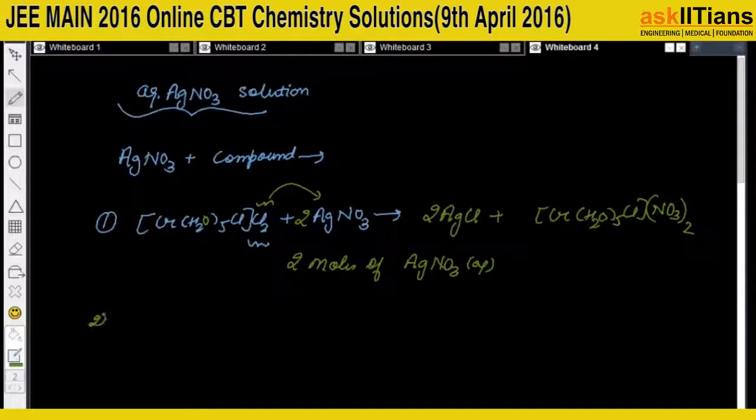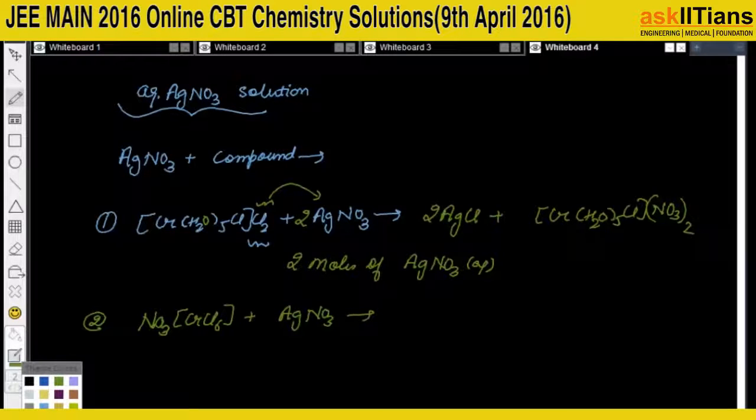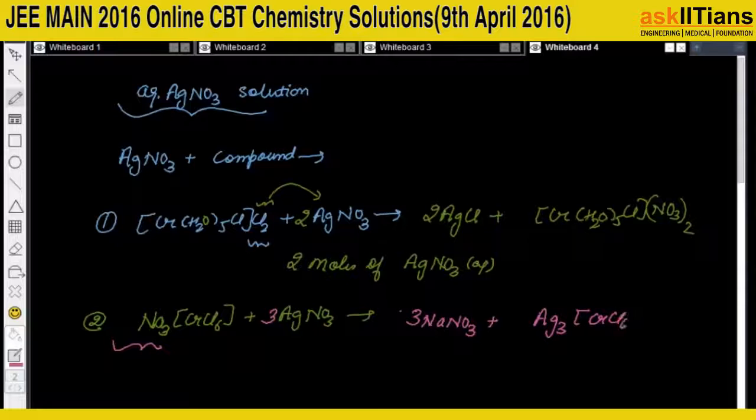Now if I ask you to go for the second point, you have Na3CrCl6 plus AgNO3. Now in this particular question also, if we move ahead, we can simply say that NaNO3 will be formed as a new compound in this reaction. So since there are 3 sodium outside, there will be 3 moles of AgNO3 which will be required for the reaction. And hence you will be getting 3 NaNO3 that will be formed plus you will be getting Ag3CrCl6.